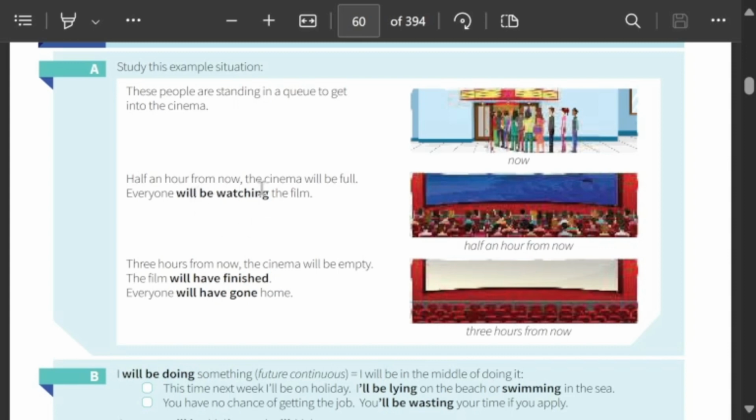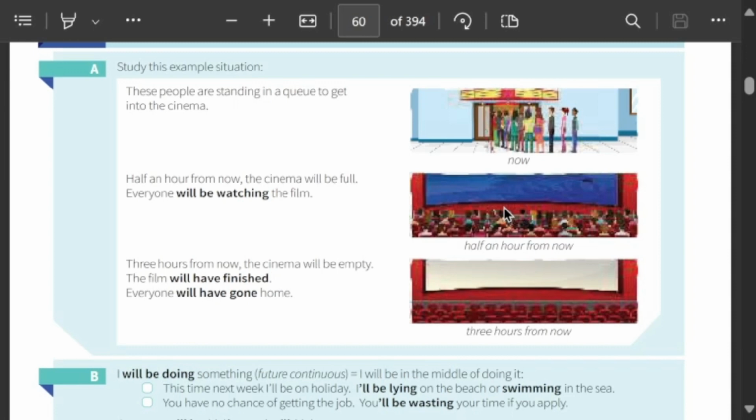So it's present continuous but pushed to the future. Future continuous. Okay? So 30 minutes from now, in the future, everyone will be watching the film. They will be watching, they will be doing that action.